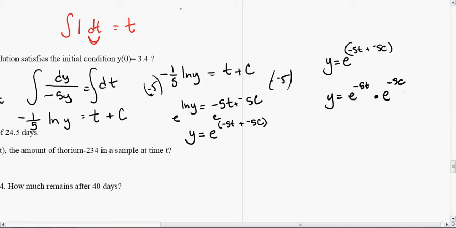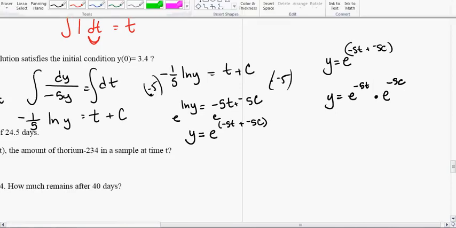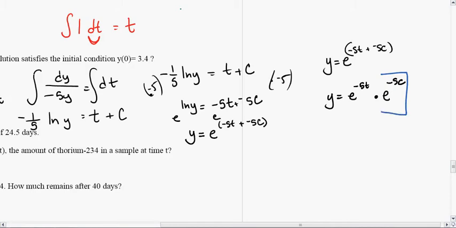Notice that the factor on the right here, e to the negative 5c, is really just some number. It's the number e raised to some power, which is negative 5 times some constant c. So it's just another constant. I'm going to replace that with a big old constant C, and then rewrite one more time: y equals C times e to the negative 5t.